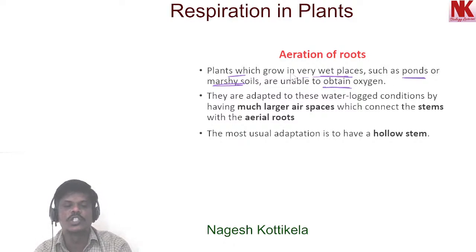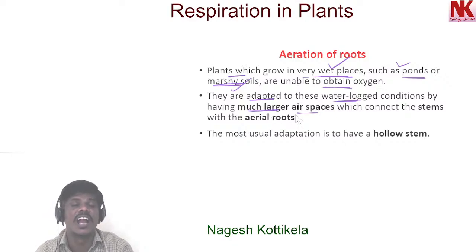They are adapted to these waterlogged conditions. Waterlogging means more water is available in that area. In that waterlogged condition they are adapted by having much larger air spaces when compared with terrestrial plants.